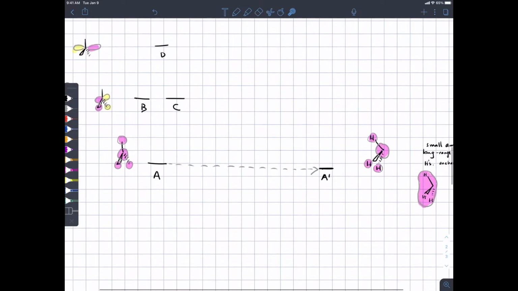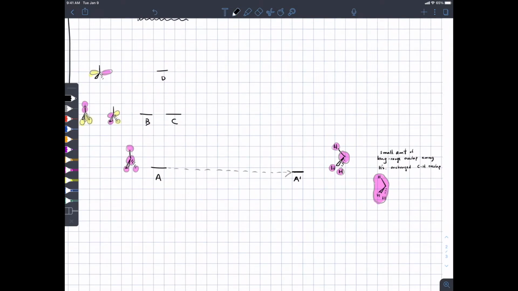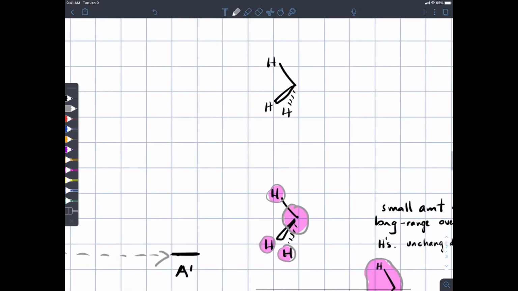All right. So we're going to draw first what the distortion would do, and then we're going to decide what it does energy-wise. So here's my pyramidal CH3. For my first orbital B, I'm still going to have that 2p x orbital on carbon, and then I'm still going to have 1s orbitals on hydrogen.